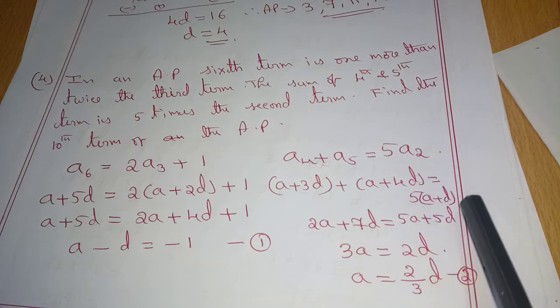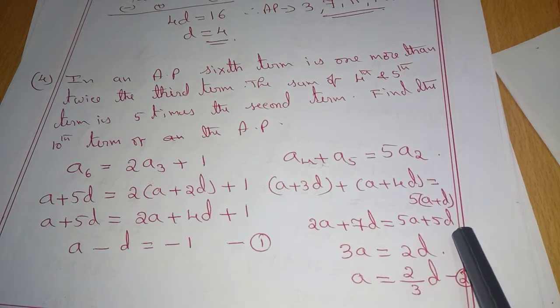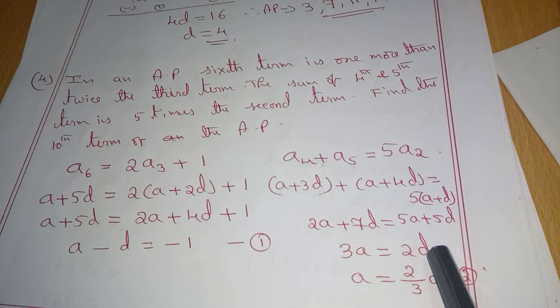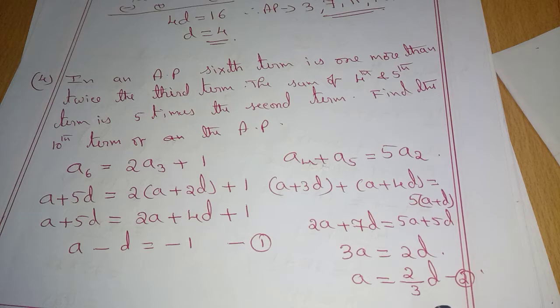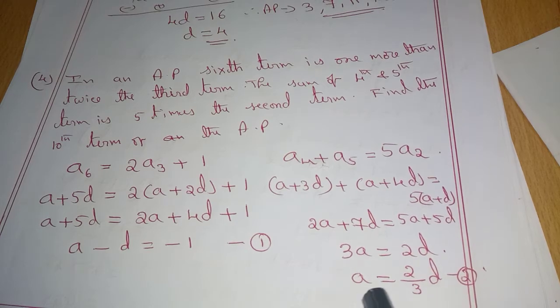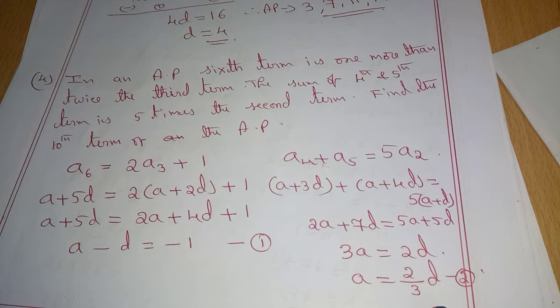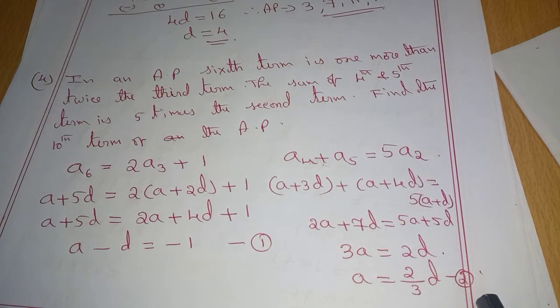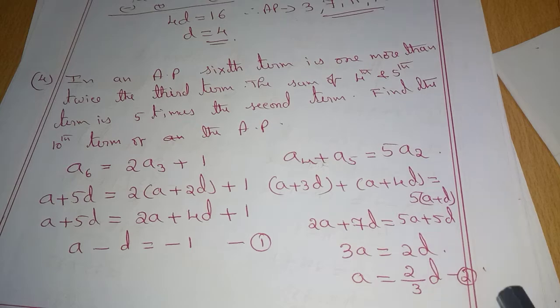Here 5 into A plus 5 into D. 3A is equal to 2D, or A is equal to 2 by 3 into D. Let it be equation 2.